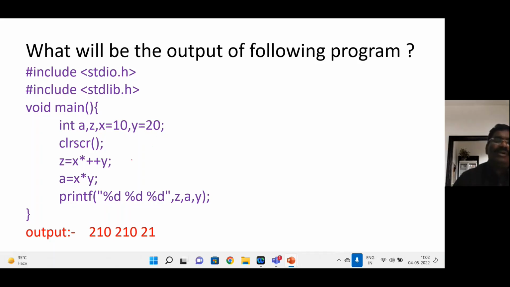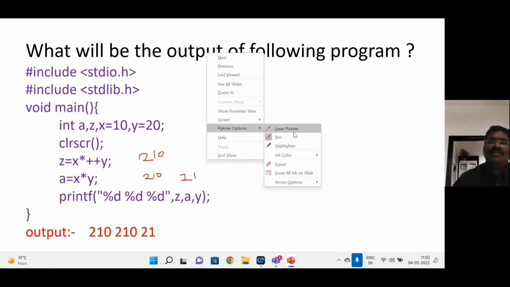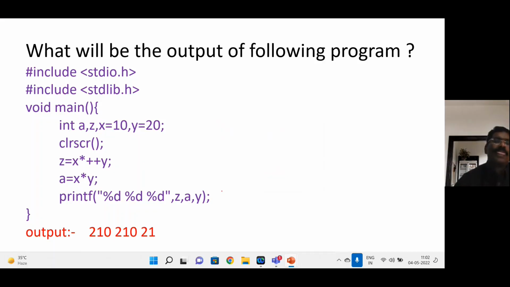So 10 into 21 you are getting 210, and the x value is 10, constant, and y is incremented by 1, and that incremented value of y is 21. We are getting 210, and y is equal to 21. We got the values of this.